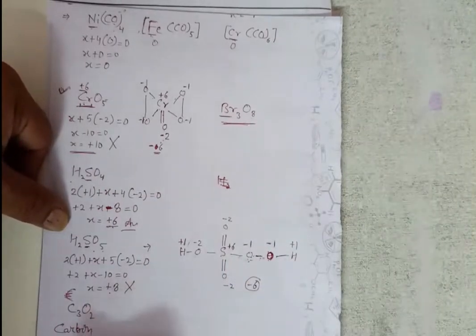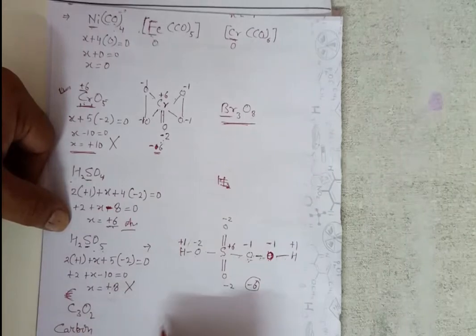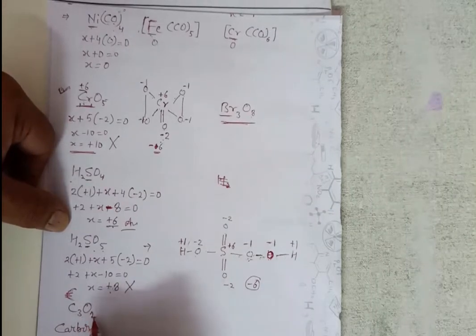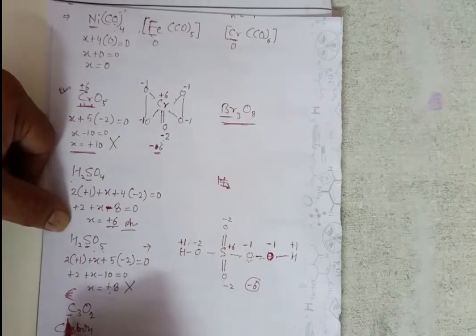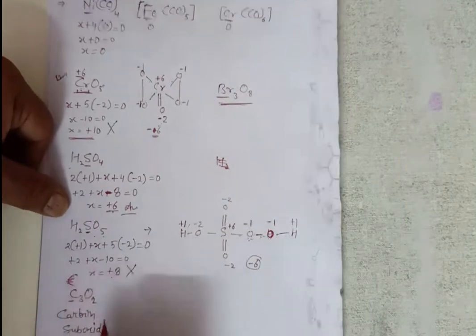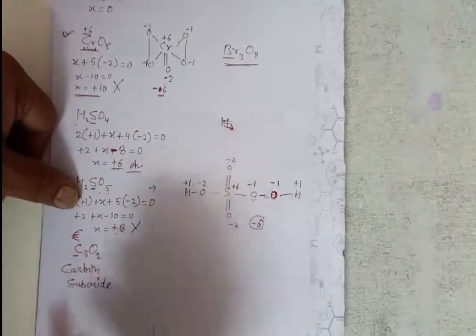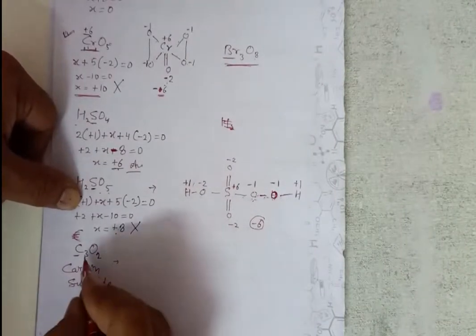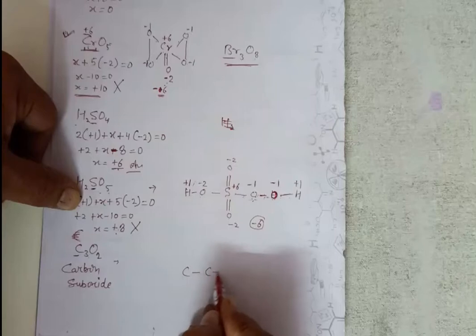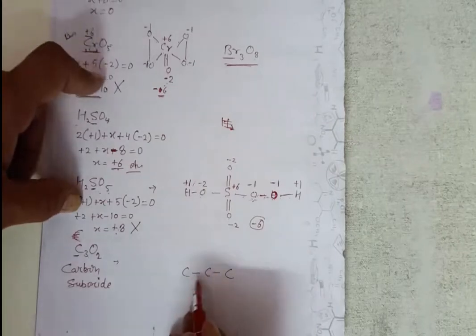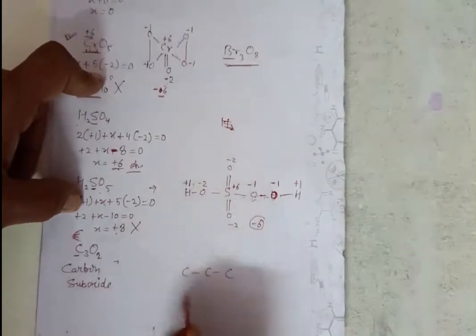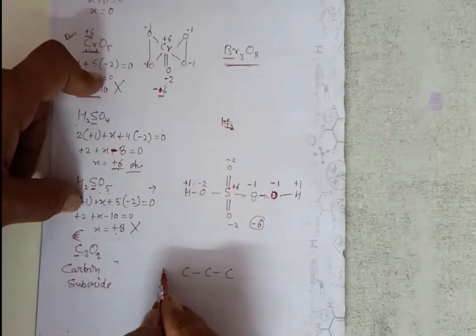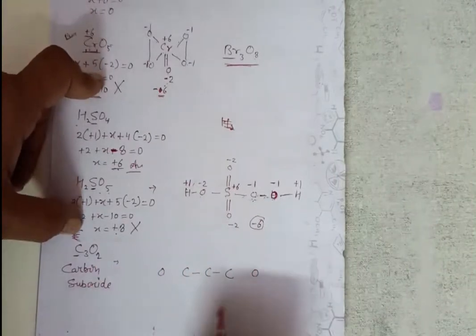The last one is carbon suboxide. Carbon suboxide means 3 carbon. We have to find the oxidation number of carbon here. Okay students, so we have to draw a structure first. 3 carbon, I write 1 2 3. They must be bonded with at least 1 bond. How many oxygen here? 2. So I write 2 oxygen here.